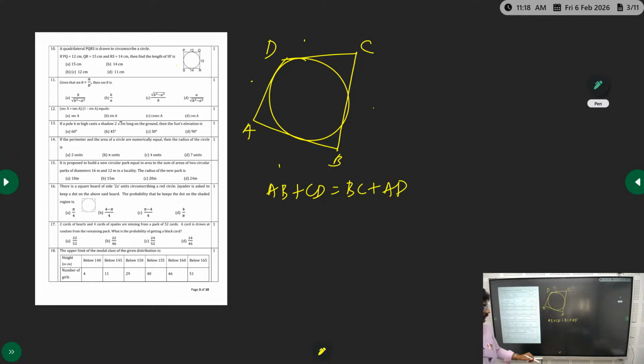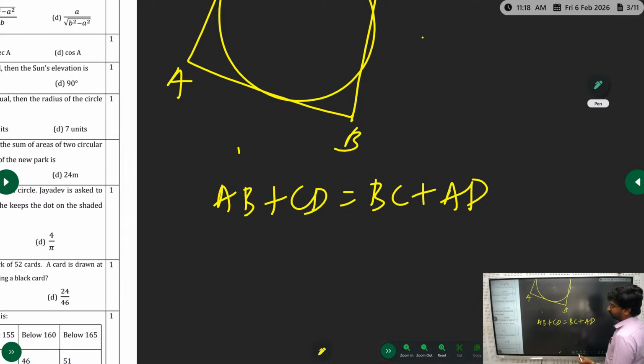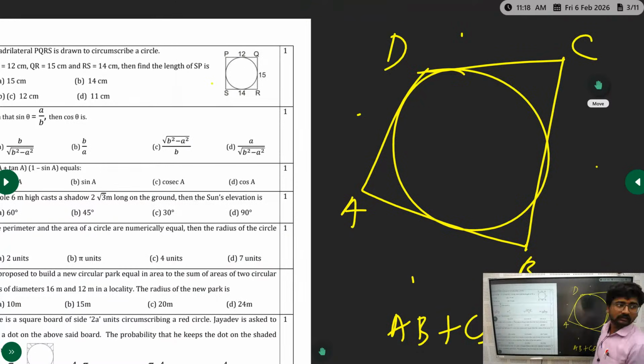Okay, the question here is 11, sir. Now this is the figure. Can you see the figure? The sides are 12, 15, 14 and this one is unknown.